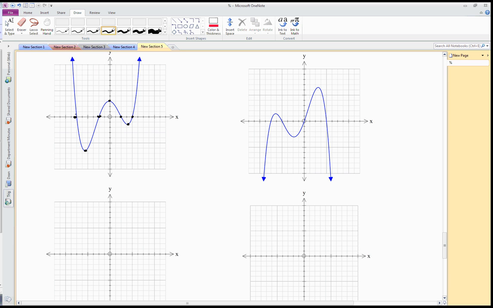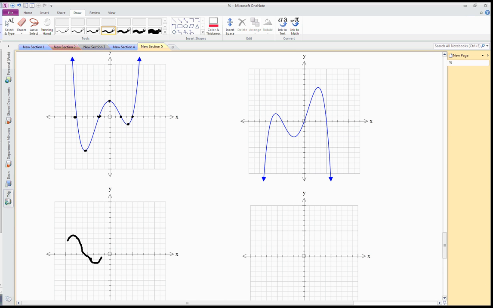So we've got a turning point here where it's going to go from a positive gradient to a negative gradient. There we've got a point of inflection. Then here we're going from a negative gradient to a positive gradient. So we must have a turning point here. That point there, of course, is my point of inflection where it changes from one to the other.